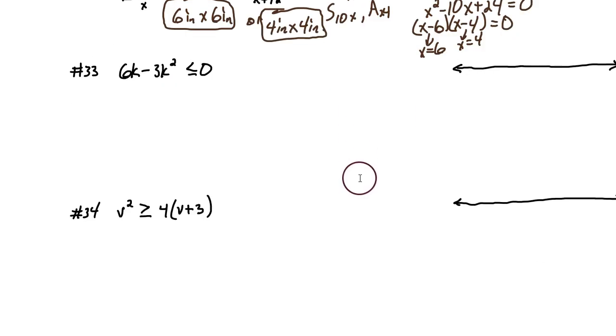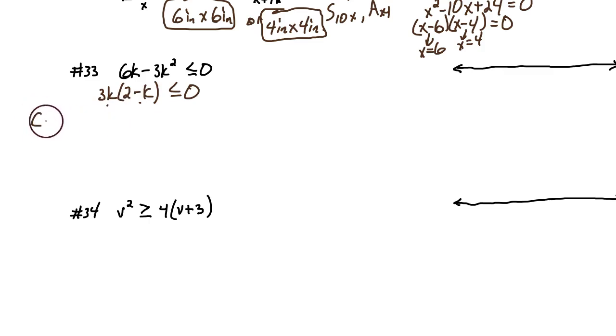Number 33, we want to graph this inequality on the number line. The technique that we learned is to have a 0 on one side and factor the other side. We can factor out a 3k, and that leaves 2 minus k, and that's less than or equal to 0. When you have two things multiplied together, and the answer is less than or equal to 0, you can interpret this as being negative.